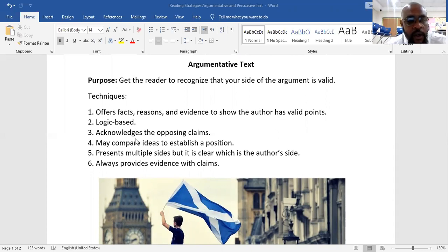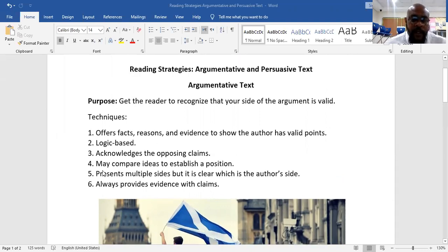So you will acknowledge that there are opposing claims or opposing ideas or different ideas to yours, right?